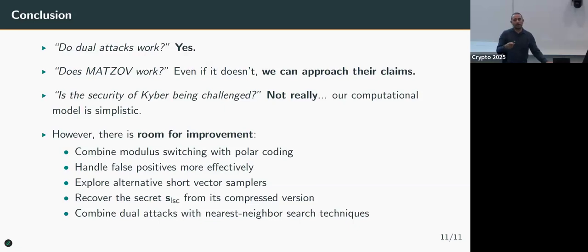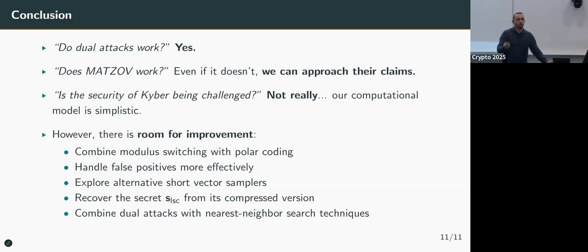And so a question that we can ask is, is the security of Kyber being challenged? And the actual response to this question is, not really, even if I said that the security of Kyber is probably a bit lower than the NIST requirement, because actually our computational model is quite simplistic. And so probably if we make some more precise computation, for instance, if we consider a more precise memory access model, probably we will be closer to the NIST requirement.